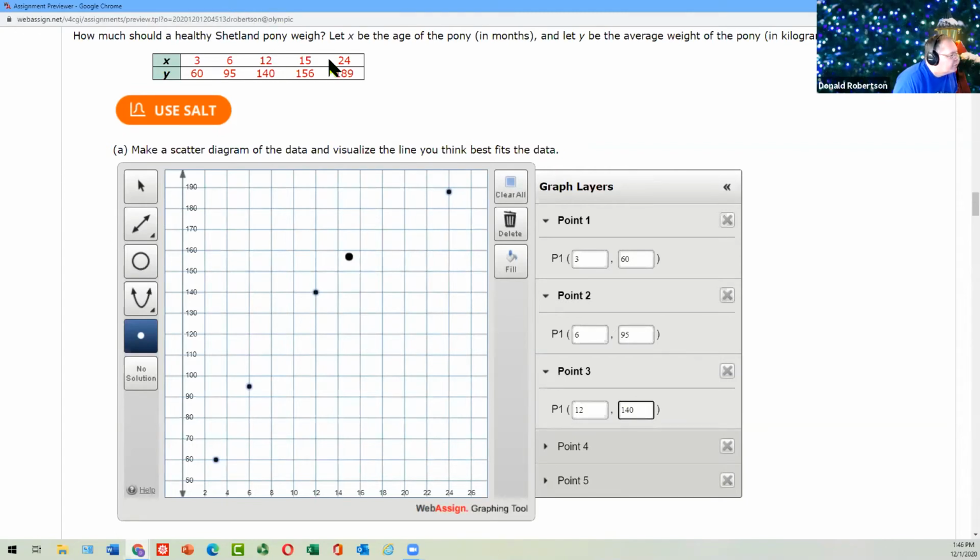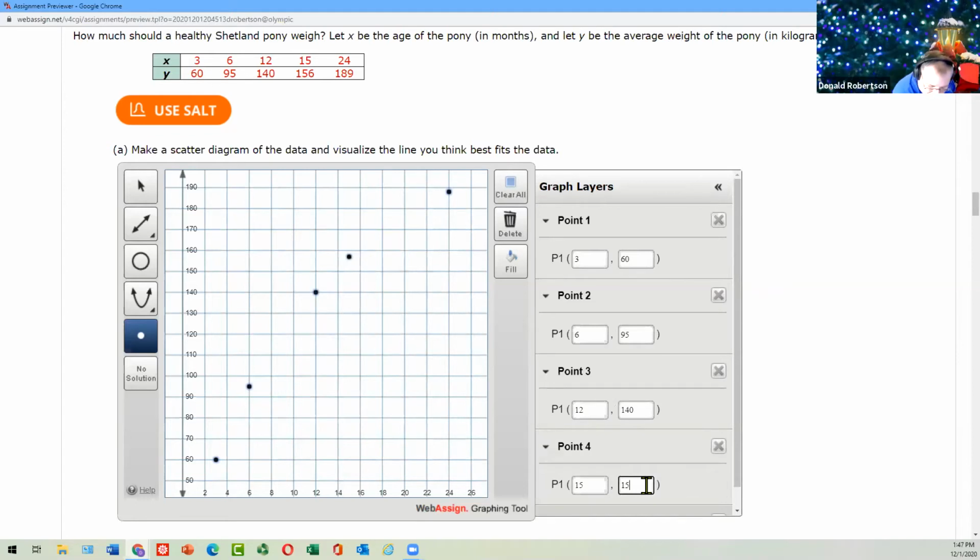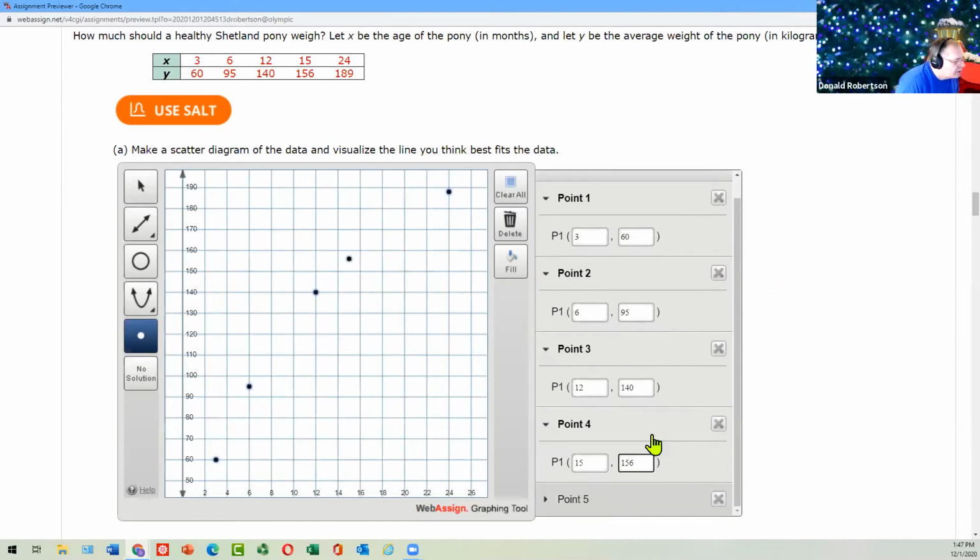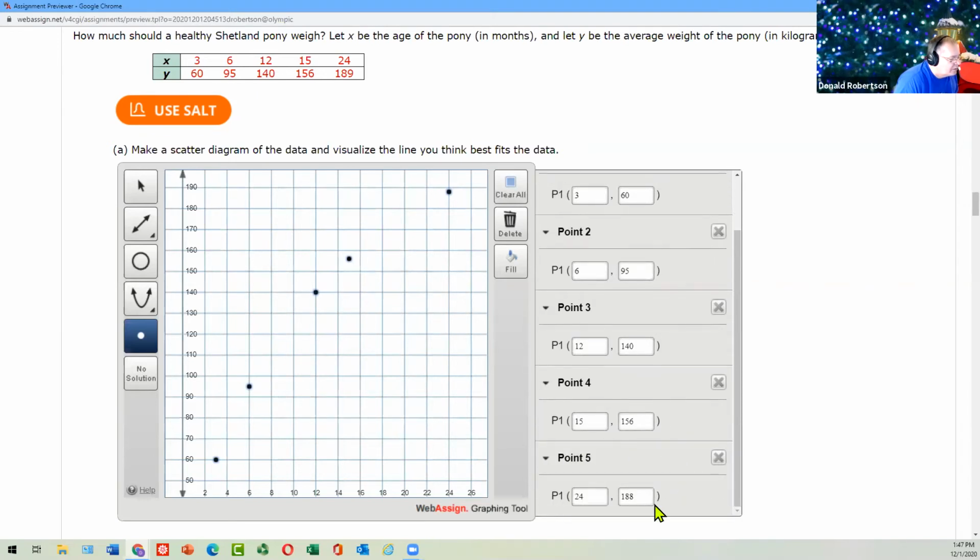The next point is 15,156. I'm actually pretty good when I look at it. It was maybe a couple out, but not much. 24,189. And we're done. There is our scatter plot.